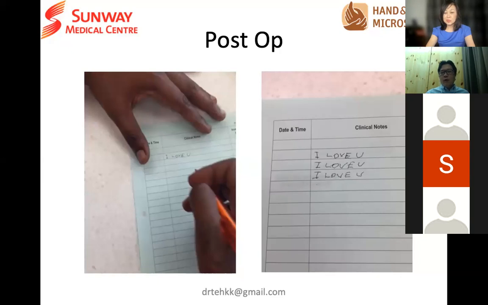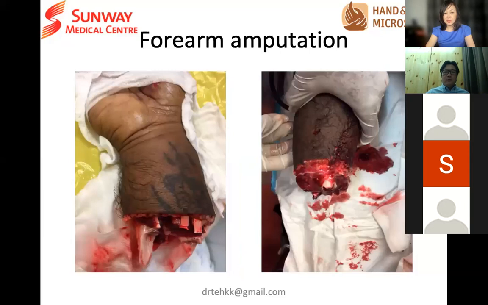With forearm injuries like this, there are not only problems with replanting, but also a lot of other consequences. After you put this in, all the dead tissue can cause renal failure and so on.